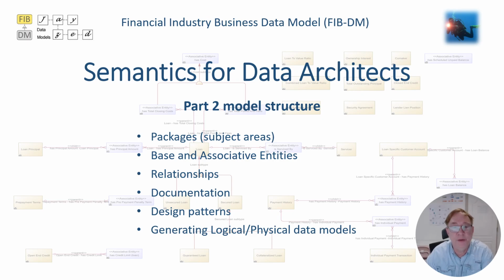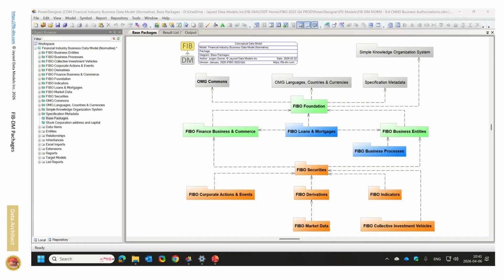And here in this lesson, we look at the packages or subject areas, base and associative entities, relationships, the FIBO documentation transformed into the data model, design patterns for semantic models, and considerations when you scope and generate logical and physical models from FIB-DM.